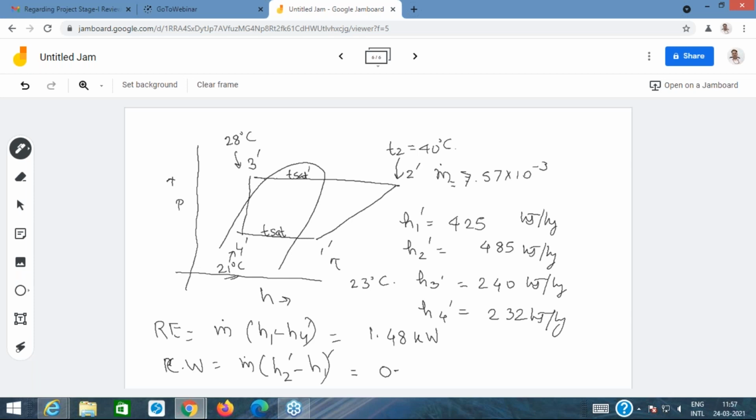Again, because this is the actual cycle, this power consumption would be greater than the saturation cycle. And the COP, the coefficient of performance, is 3.2. Okay, this is how we need to do the calculations, and then finally one can write the result table.